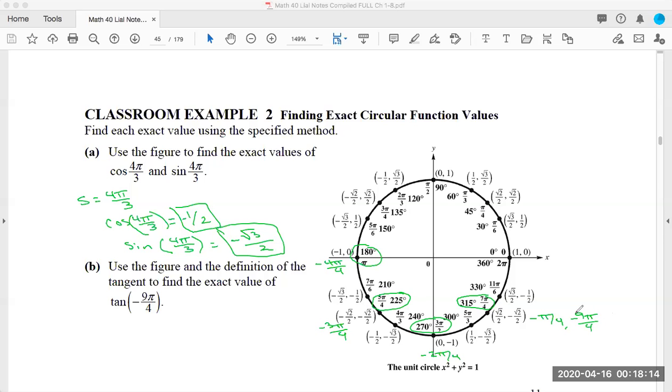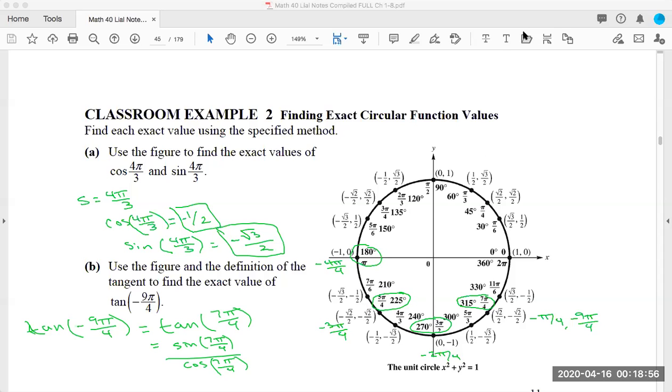So what we find is that negative 9 pi over 4 is the same as negative pi over 4, which is the same as 7 pi over 4. So tangent of negative 9 pi over 4 is equal to tangent of 7 pi over 4. And that's going to be equal to sine 7 pi over 4 divided by cosine 7 pi over 4.